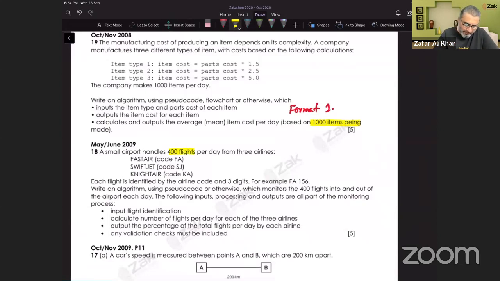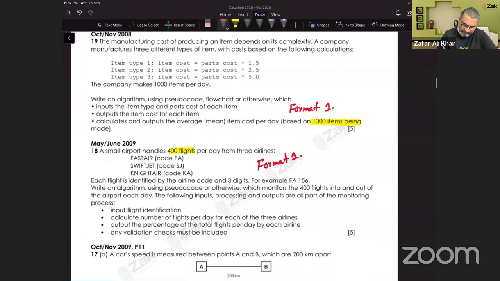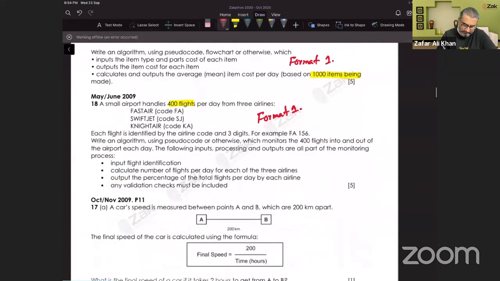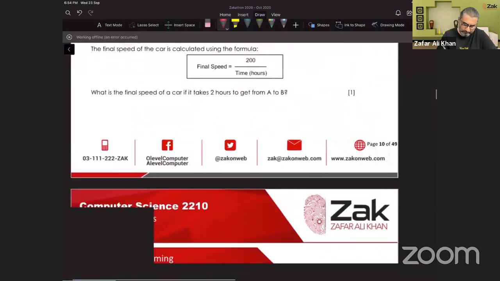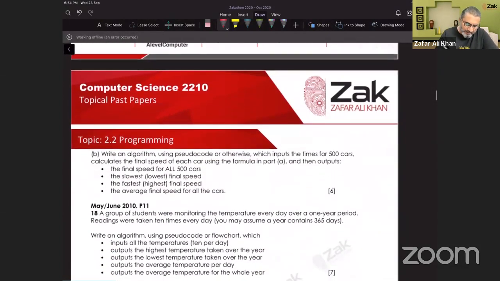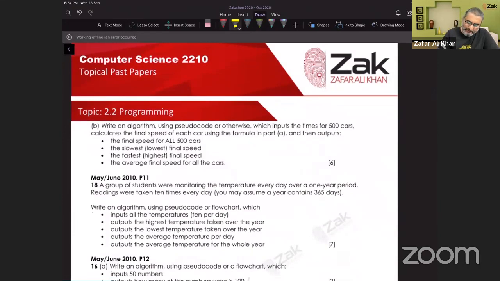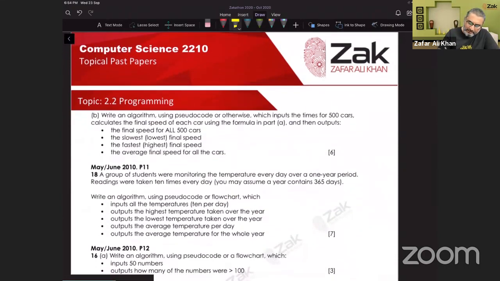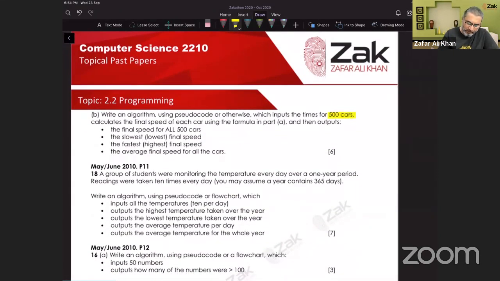So this is a format 1 question. This one says write an algorithm using pseudocode or otherwise which inputs times for 500 cars. So this is a format 1 question.